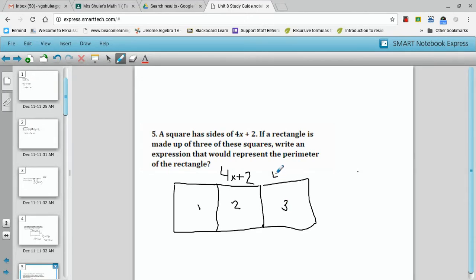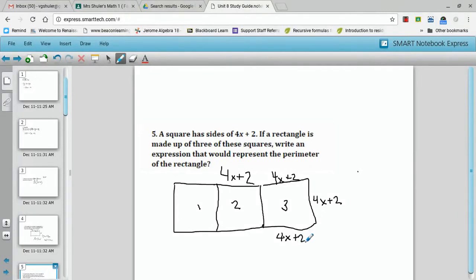So each side, wherever there's a square, is 4x plus 2. So I could go all the way around the rectangle, which has the 3 squares, and put 4x plus 2, 4x plus 2.